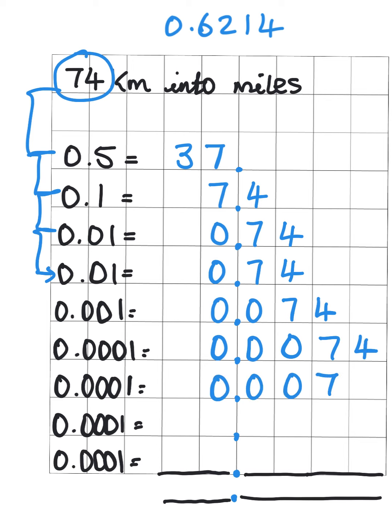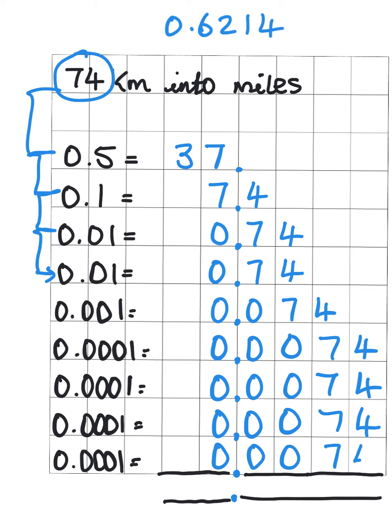And then it's the same answer 4 times at the bottom. Ah, there we go. So there we go, we're ready for our answer. Let me just draw some black lines in, so I know where I'm up to.